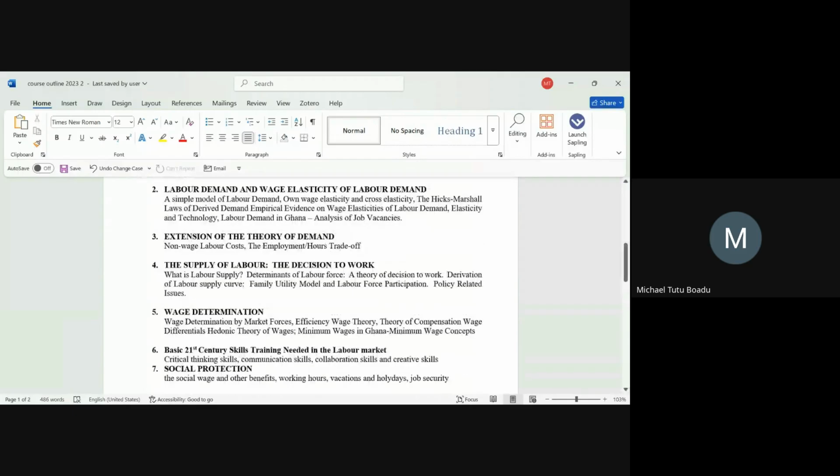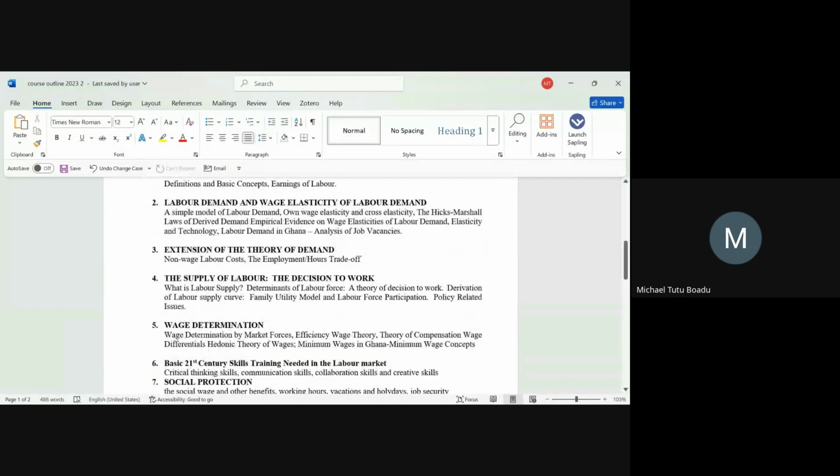Our third topic will look at the extension of the theory of demand. We'll extend the labor demand to look at non-wage labor costs. Sometimes you get certain incomes that are not directly from the economic activities that you have engaged in.